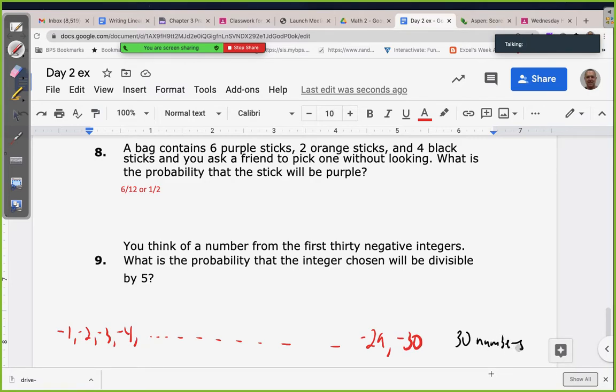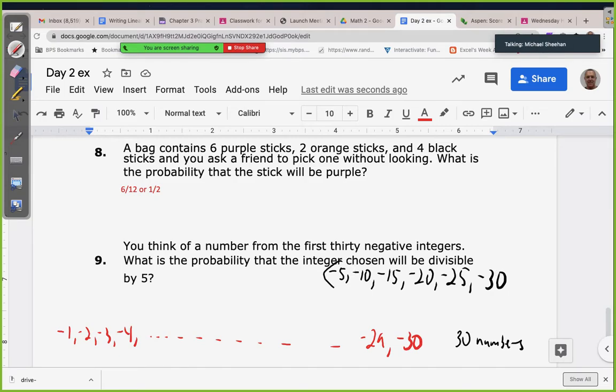Okay. What's the probability the integer chosen will be divisible by 5? So the numbers that are divisible by 5 that are negative would be -5, -10, -15, -20, -25, and -30.